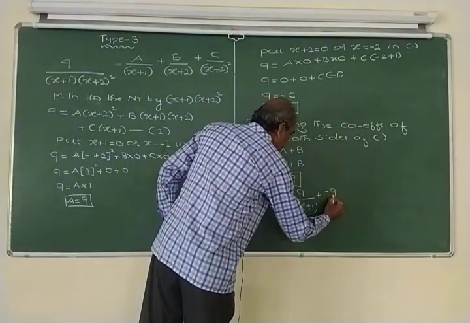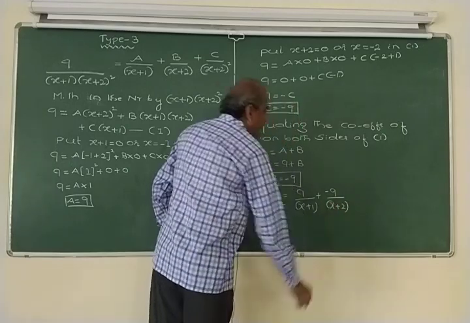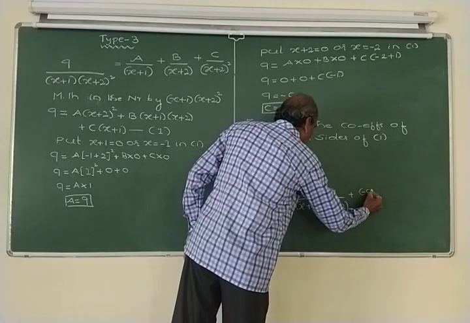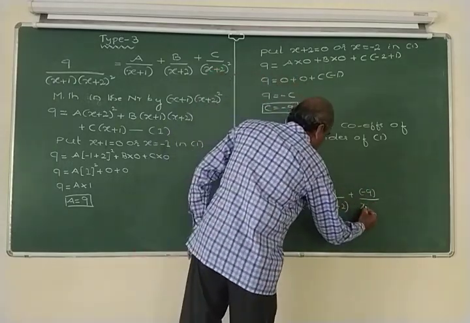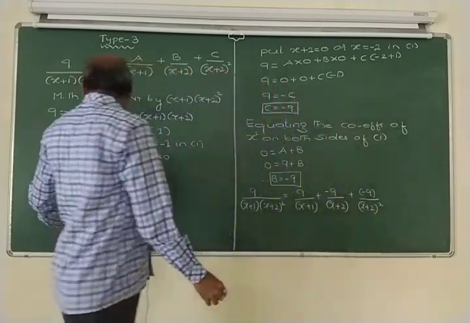So, minus 9 divided by x plus 2 plus c. C is also minus 9. So, minus 9 divided by x plus 2 the whole square. I hope you got it.